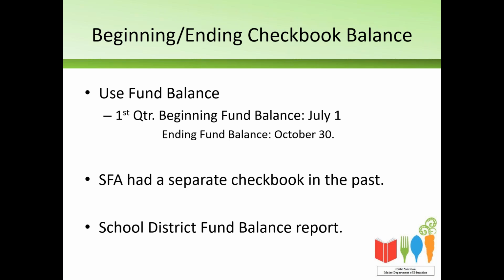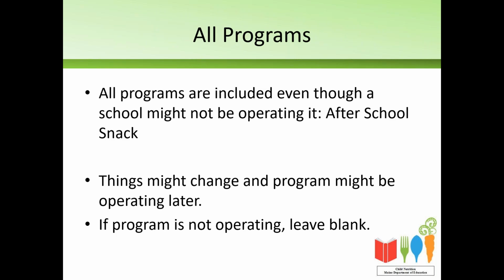There still might be a couple that use a separate checkbook for the school nutrition account. If you do, then you'll use that for your beginning checkbook balance. If you're using the district fund balance, then you'll find out from the business office what figure to put in for your July 1st beginning balance.